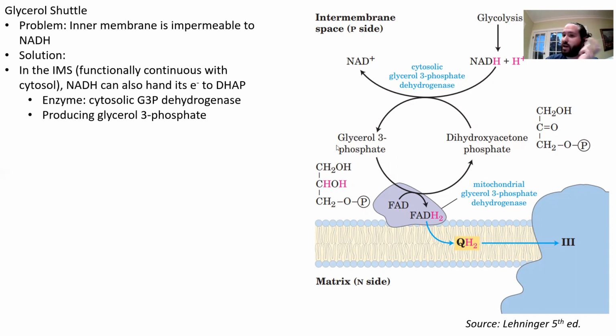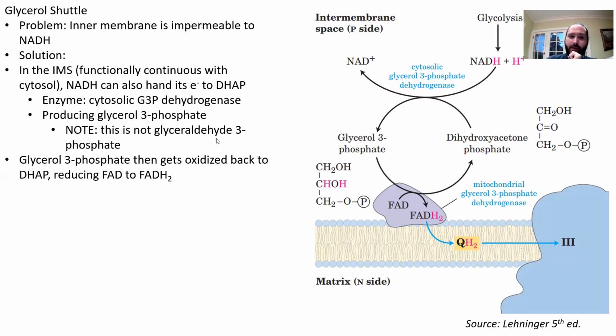Now glycerol 3-phosphate has the electrons, it's got the football, and it's going to hand it over to mitochondrial glycerol 3-phosphate dehydrogenase, which will then reduce FAD to FADH2. Remember, FADH2, or maybe you don't remember because we haven't talked about the electron transport chain yet, FADH2 is going to enter the electron transport chain later than NADH.